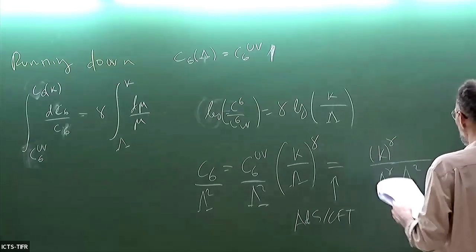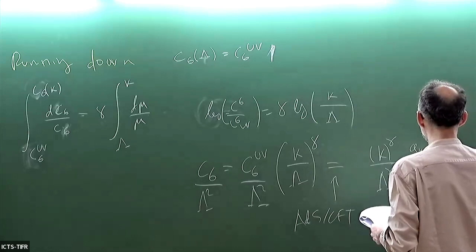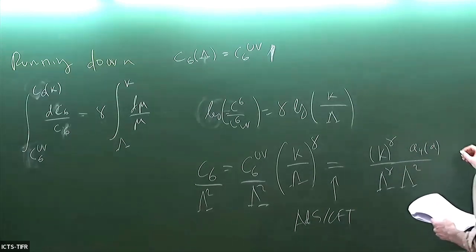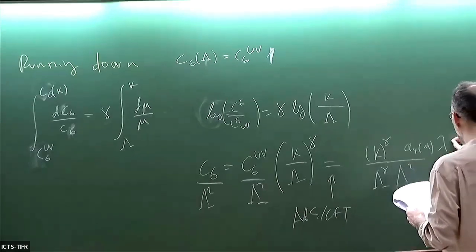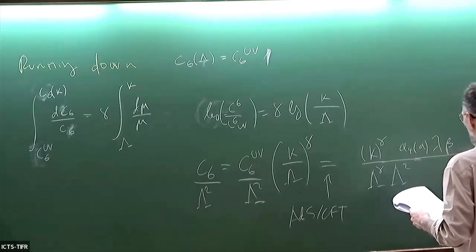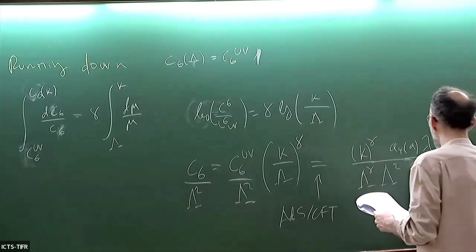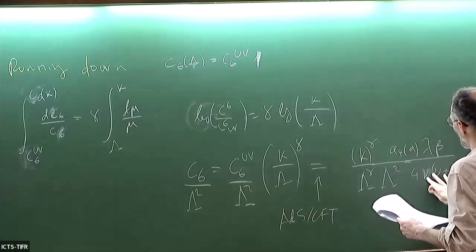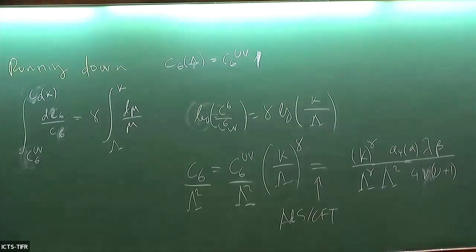And C6 in the UV, well, I'm going to write it in terms of other parameters of the model. You might not remember what these are. Something to do with the extra dimension in the AdS picture, or the dimension of the CFT operator you coupled to.